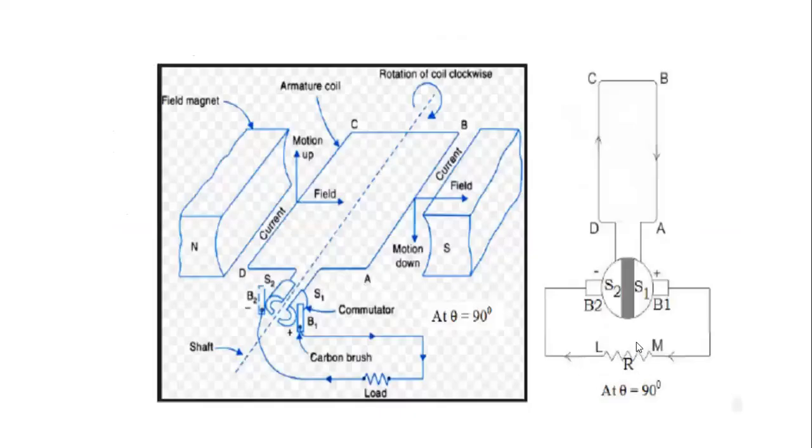Okay, in the previous case also the direction of the current for the load R is M to L. B, A, B1, M, L, B2.